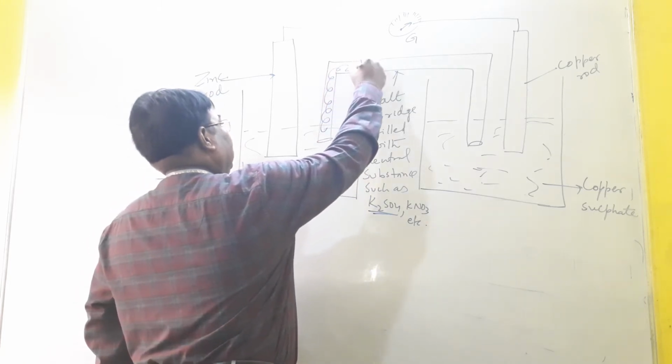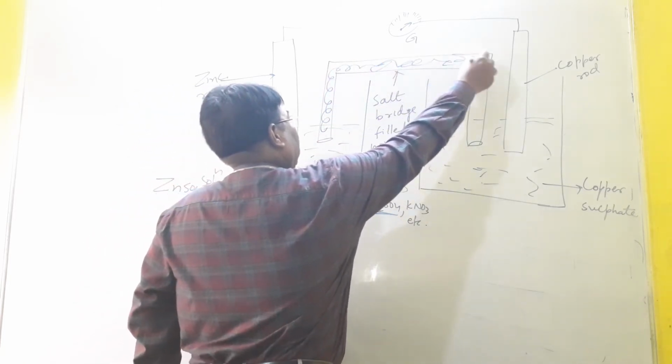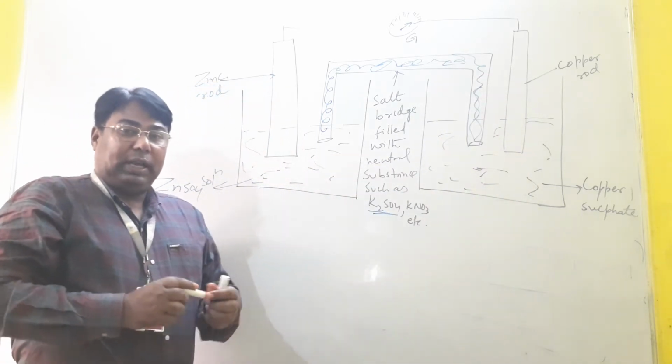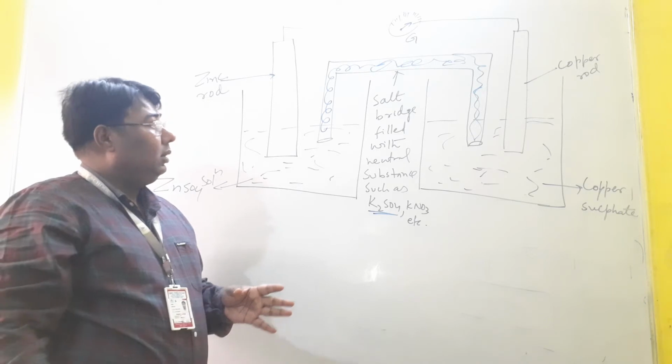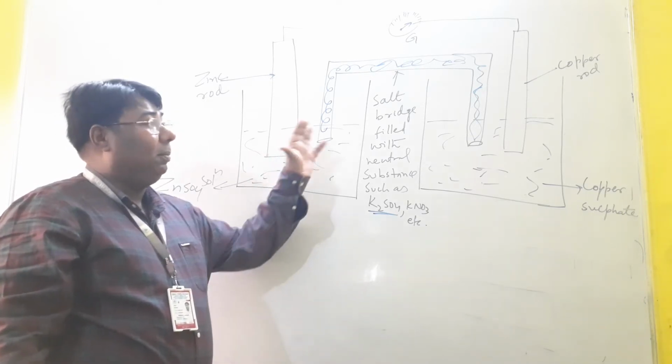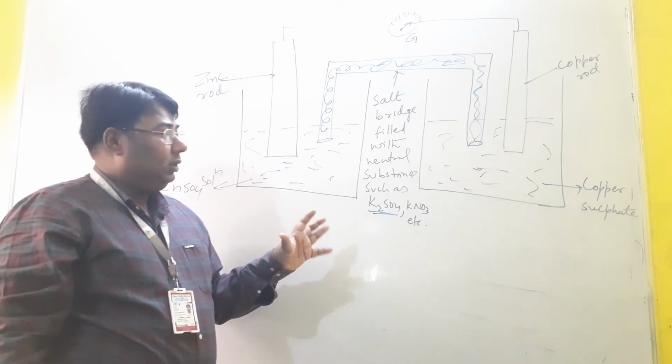It helps to exchange the ions between the two half cells or chambers, maintain electrical neutrality, and also complete the electrical circuit. Okay.